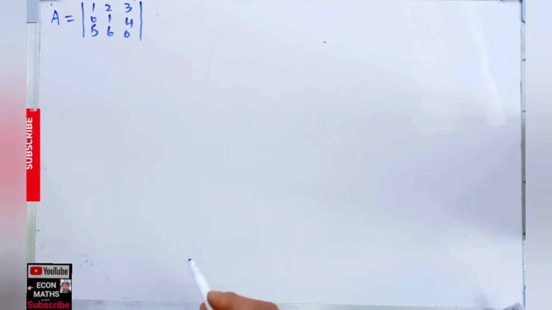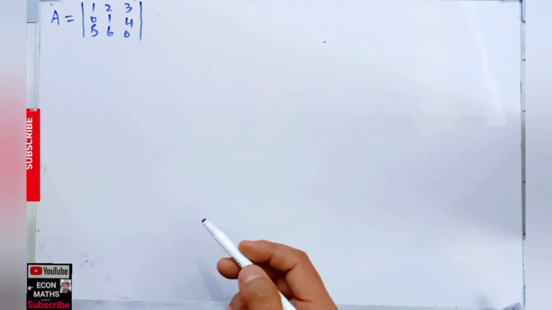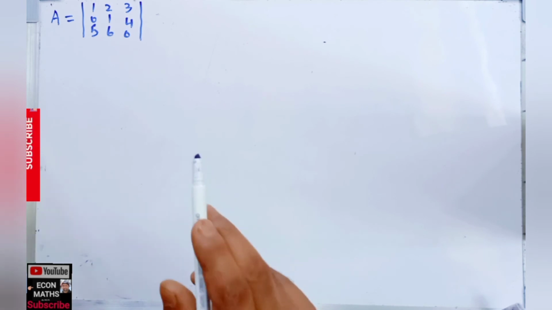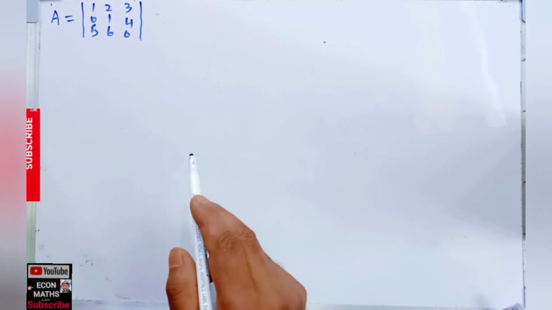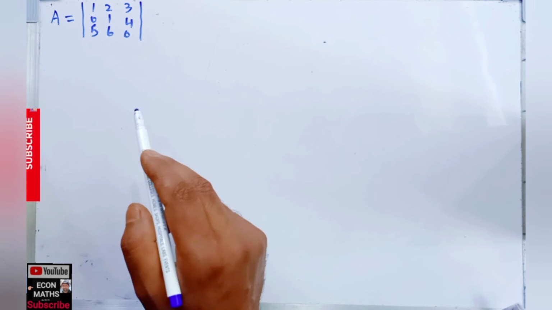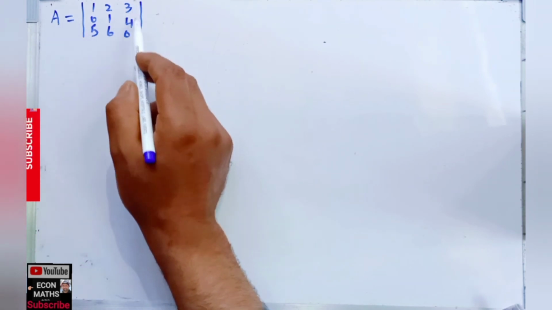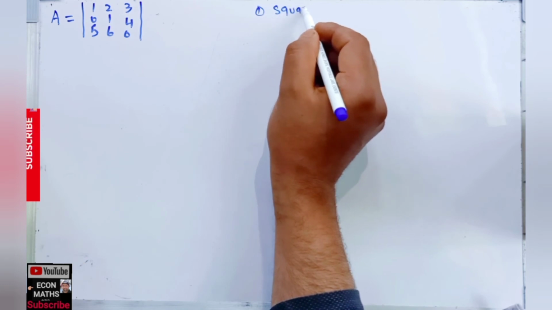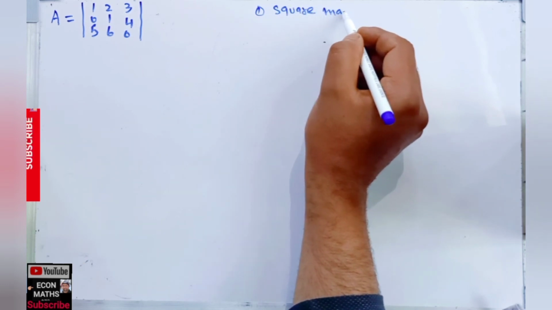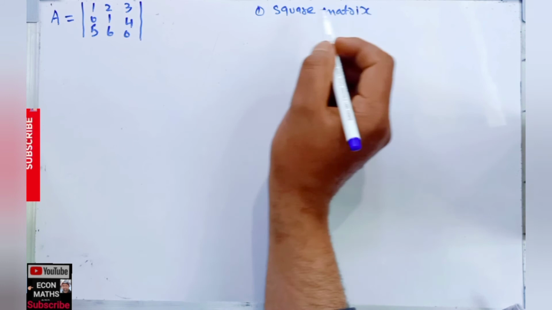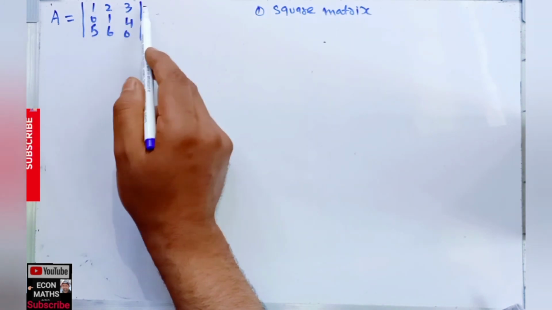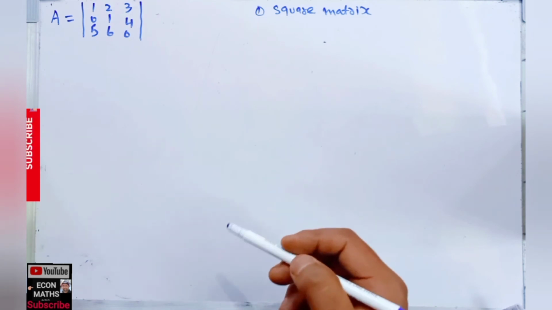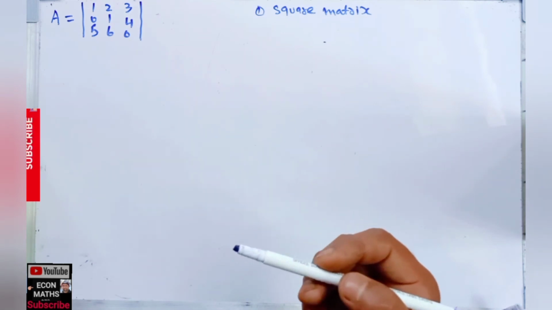If it is a given matrix and I have to find the inverse of this matrix, the first condition is that the given matrix must be a square matrix, which is the case here because the number of rows is 3 and the number of columns is 3. So the rows and the columns are equal here.